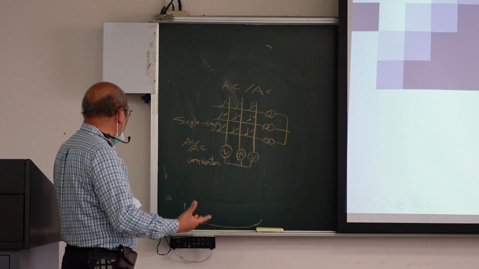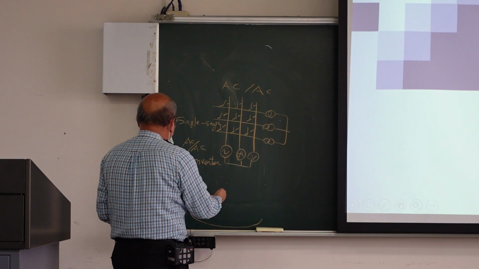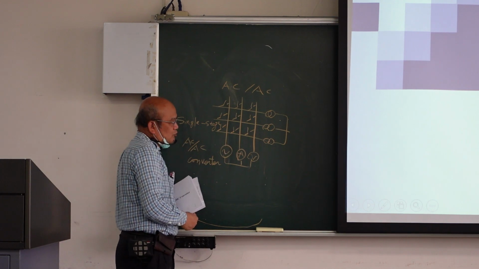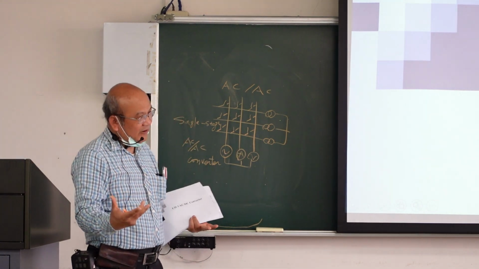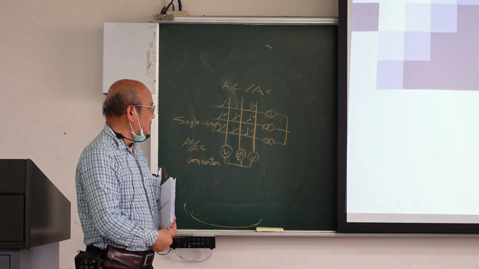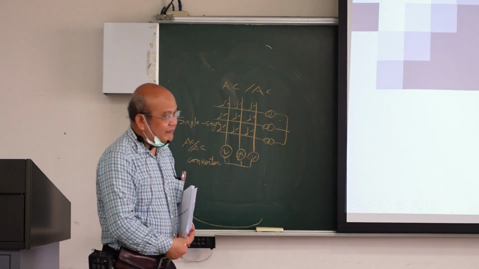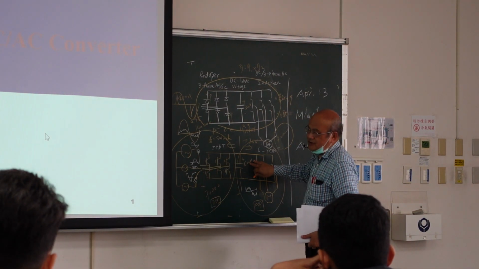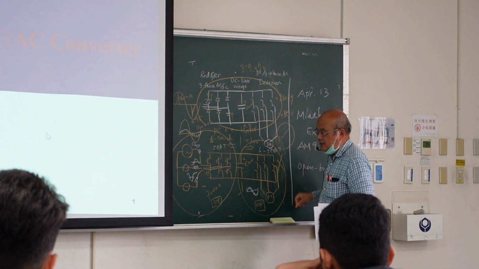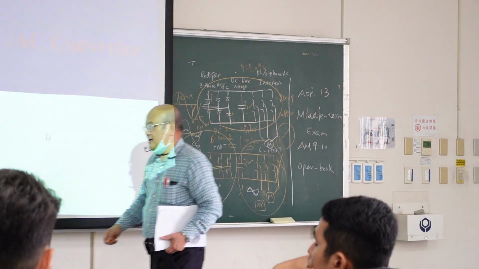But why in the market is it very hard to find any AC to AC converter? Nobody uses it. Why? Everybody just prefers this one. Nobody likes this because it is too expensive.